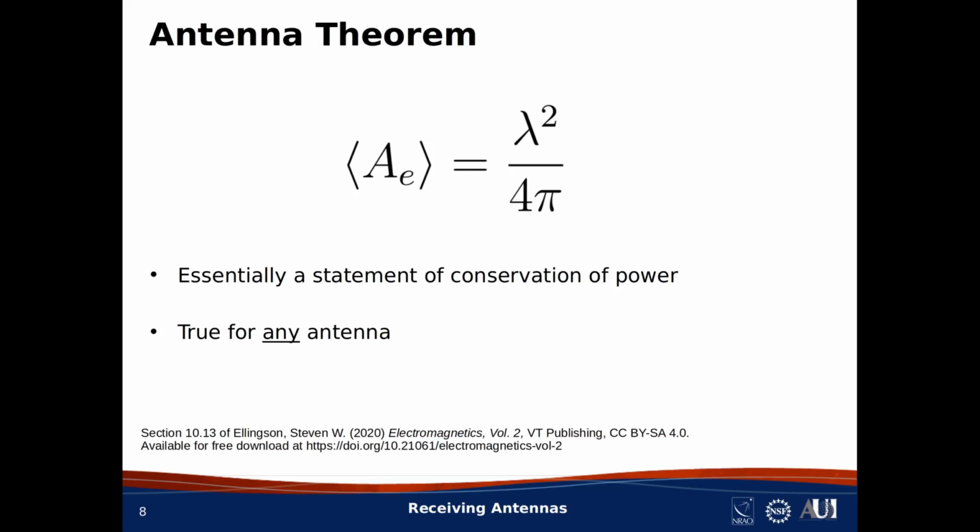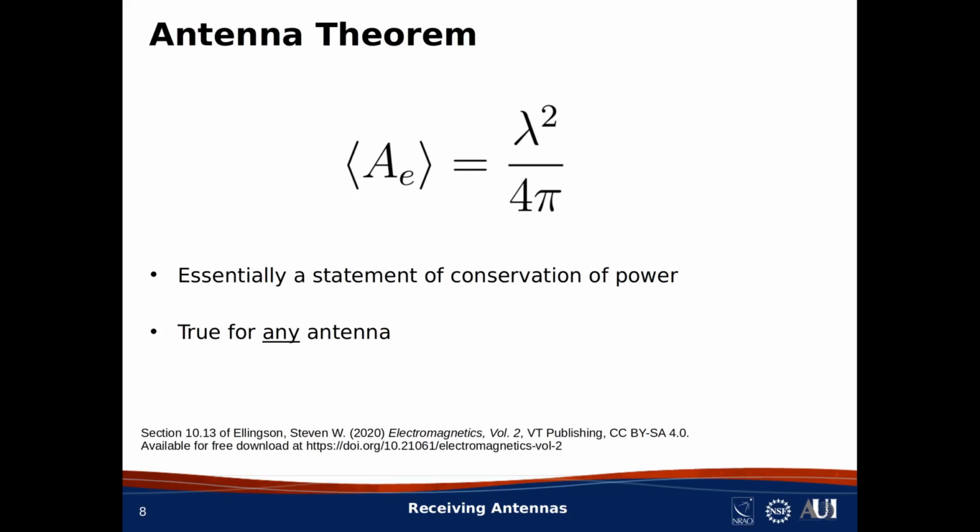Now, this relationship is anything but intuitive, and you may wonder how we know this to be true. One way to think about this is that it is essentially a statement of conservation of power as we consider the transformation of power from the wave to the antenna terminals. A proper derivation of this result requires some additional physics, a bit of thermodynamics, and some non-trivial math.